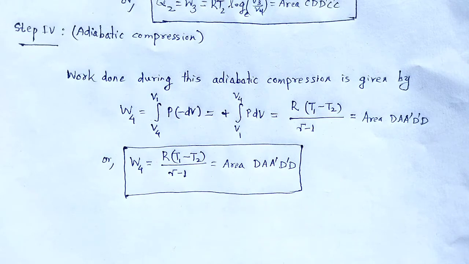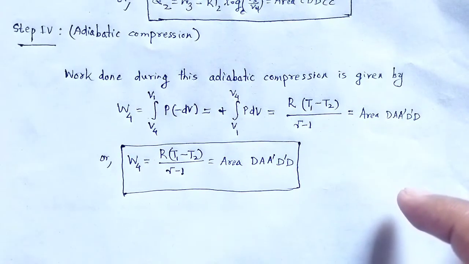First of all we see, since work done by the working substance is positive and work done on the working substance is negative, this is the sign convention. Hence W1 and W2, step 1 and step 2, are positive.